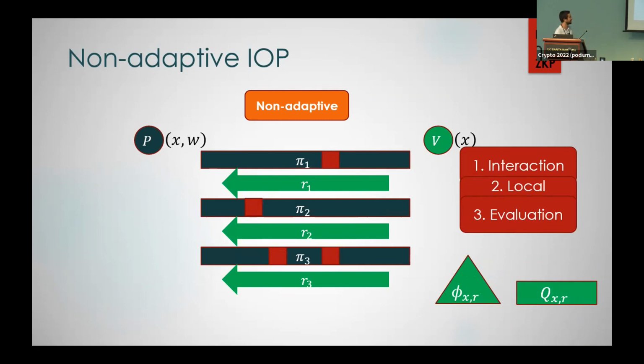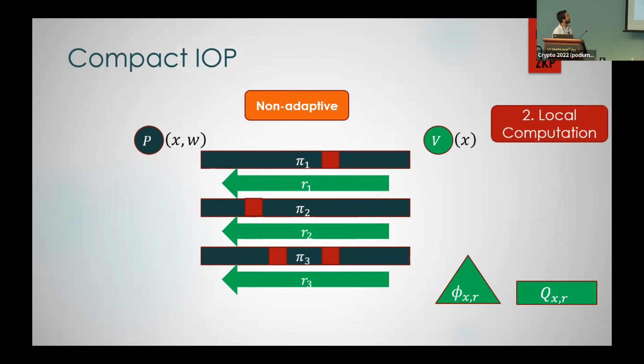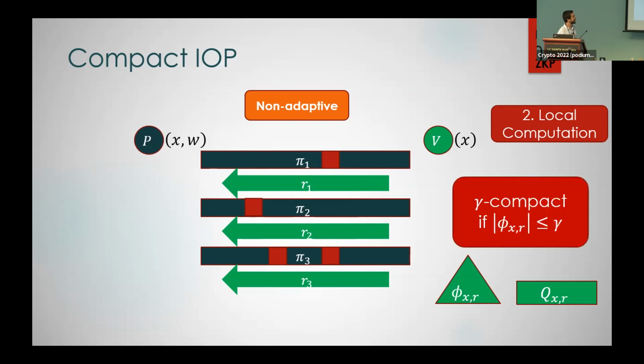So that's the non-adaptive thing. And then on those queries, it applies a predicate and decides according to the value of the predicate. And we say that the verifier is gamma compact if the size of this predicate is at most gamma.